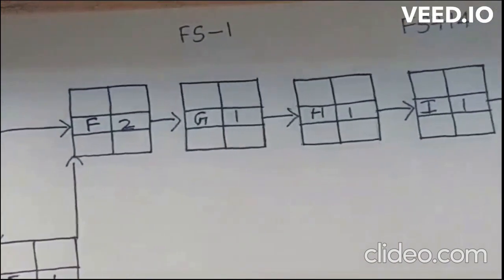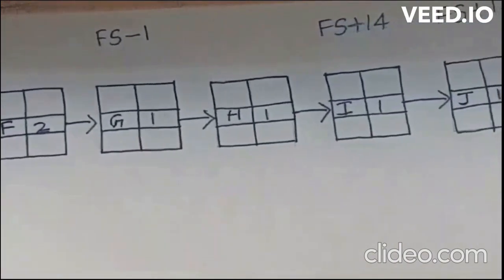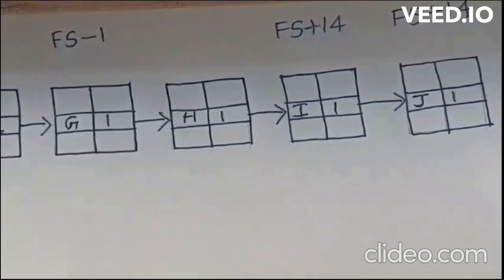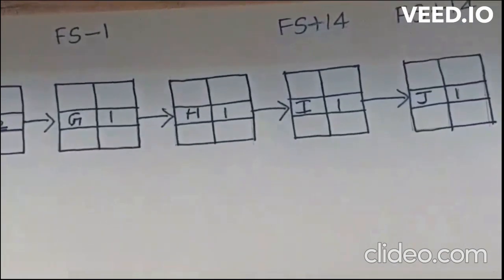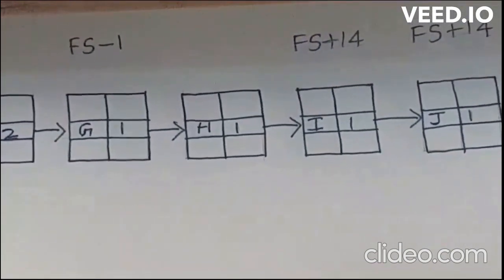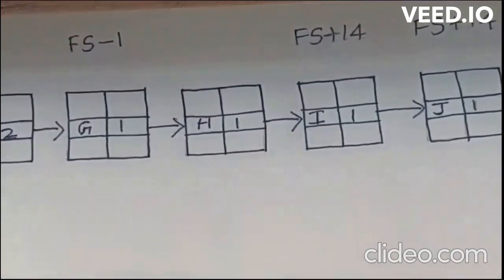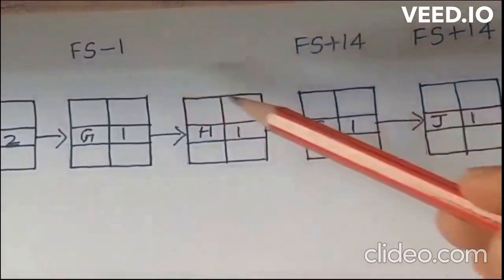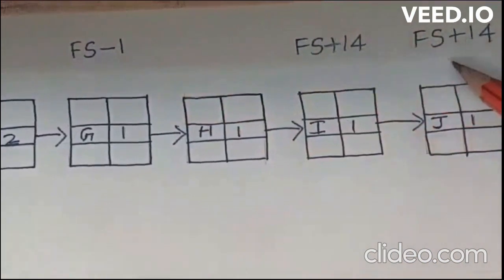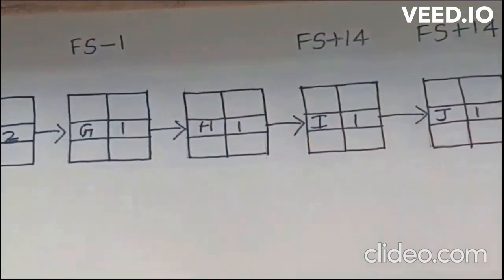This is how you have to draw the network diagram, and if there is any other condition, you can just write it on the top like this: FS minus 1, FS plus 14, FS plus 14. So I will stop here.